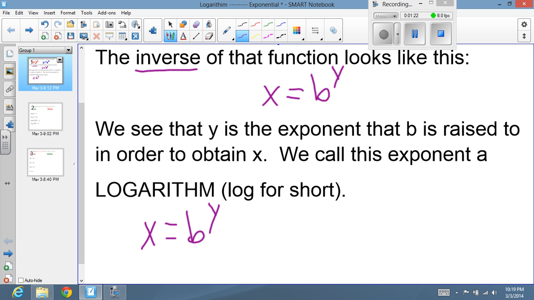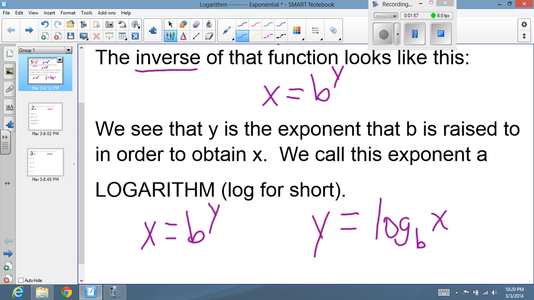Instead of x equals b to the y, it's going to look like y equals the log or logarithm of b, now that's a little subscript b down and to the right, of x. The logarithm of that base to the x, that's what that's going to look like.